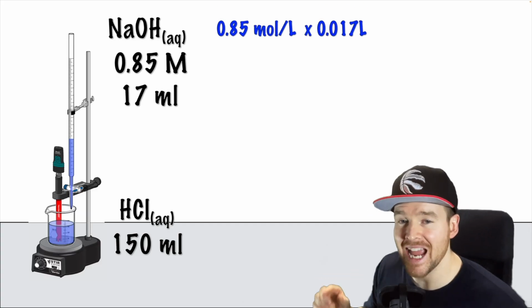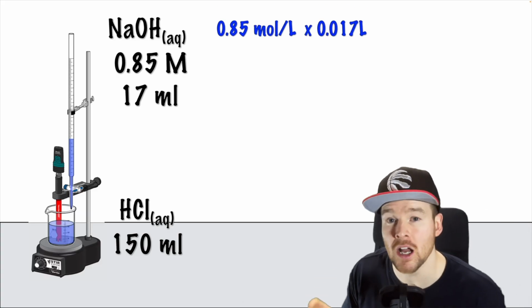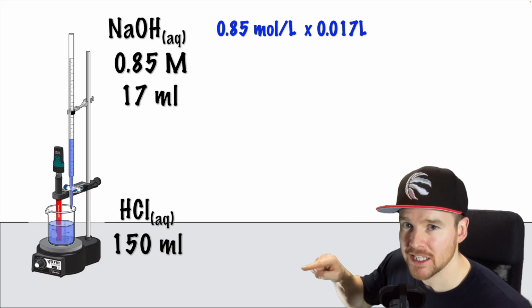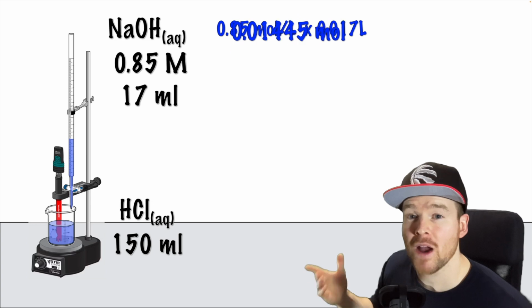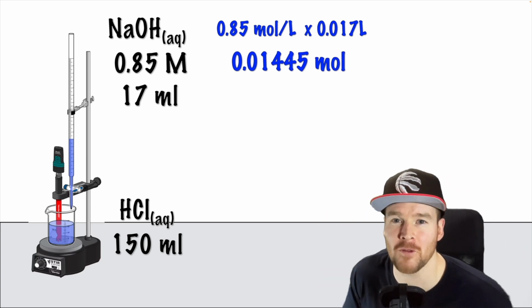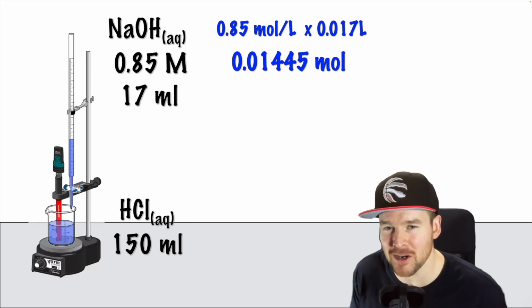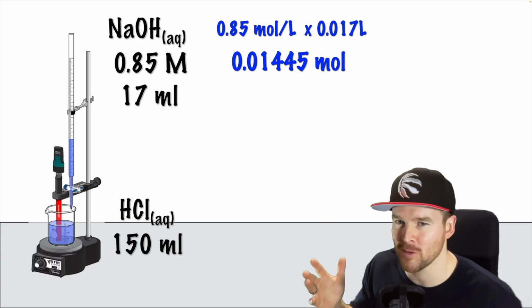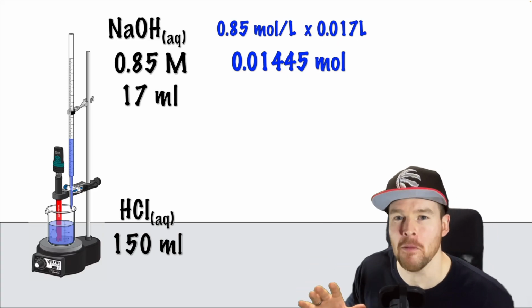So I'm going to begin with, I had 0.85 moles per liter of OH-, times, I dropped 17 milliliters out of the burette. So how many OH- did I drop? I dropped 0.01445 moles. I know that sounds like a complicated number, but it's too tough to deal with actual atoms of OH. The number's just crazy big. So we're dealing with moles.